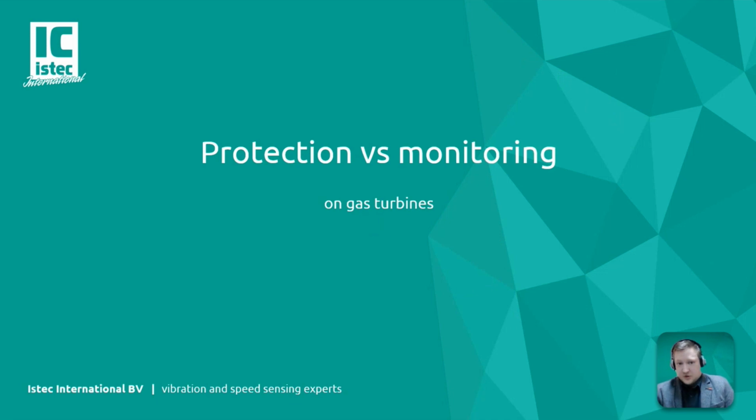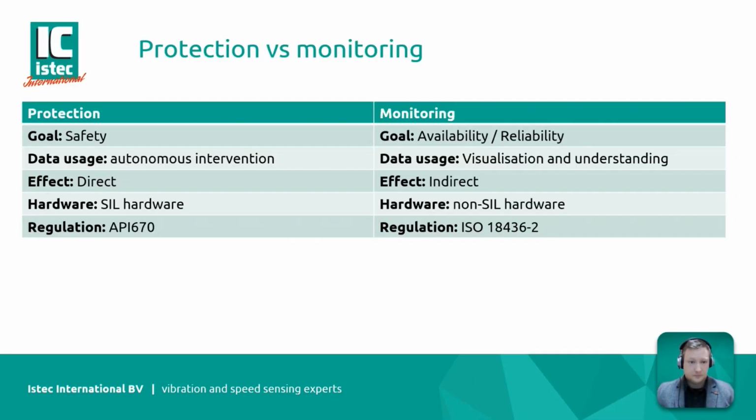So, protection versus monitoring. We want to protect our machinery against too high vibrations, but we also want to monitor it. There are two different schemes, and from history, they are very isolated as well. When we compare the two, protection has a very simple goal: safety.